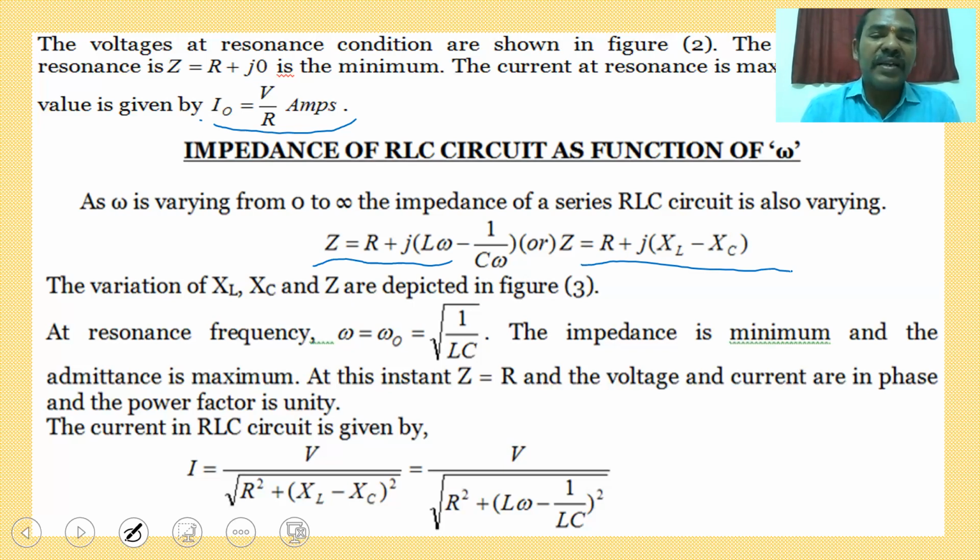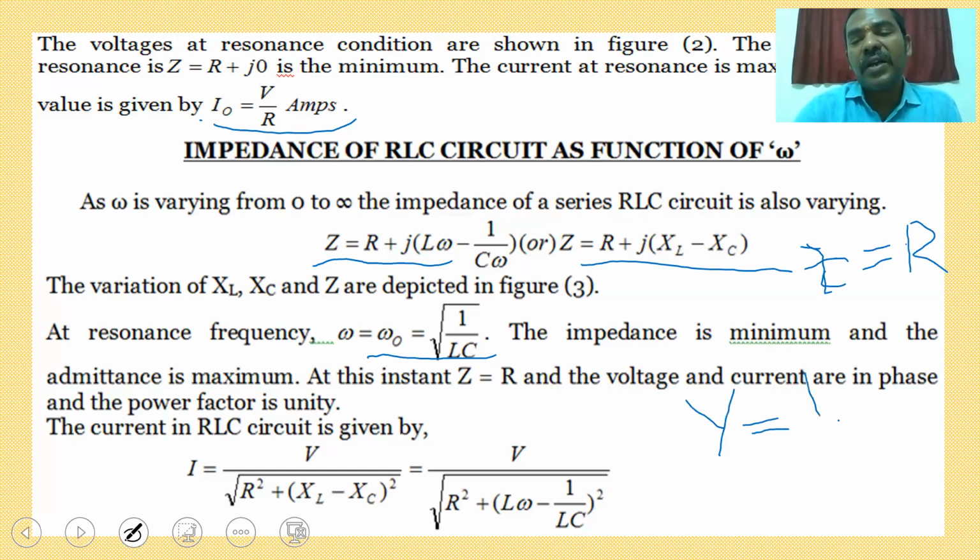Under the resonating condition, the frequency you get is omega naught equal to root of 1 by LC. This is the omega naught value. The impedance is minimum and the admittance is maximum, because the impedance is only a pure resistor, and the admittance is 1 by R.